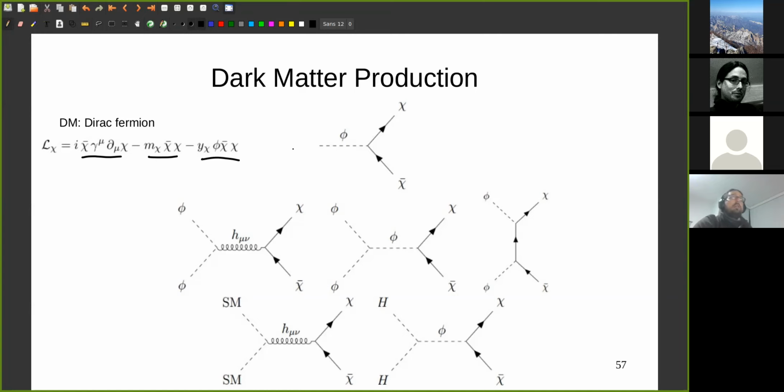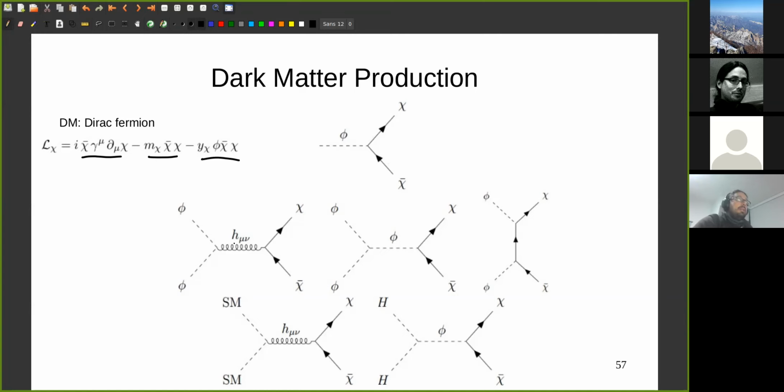So there are several ways of producing dark matter. One is the direct decay of the inflaton, inflaton decaying directly into a pair of dark matter particles. We can also have the 2-to-2 scattering of inflaton during reheating.